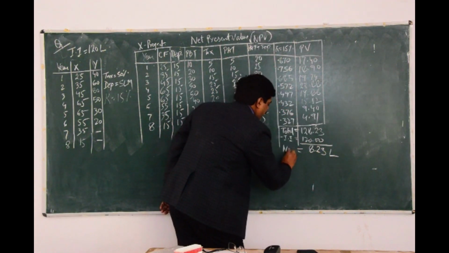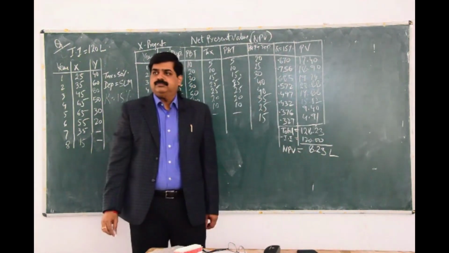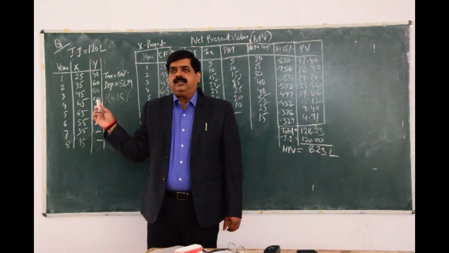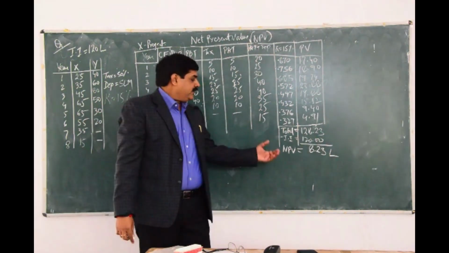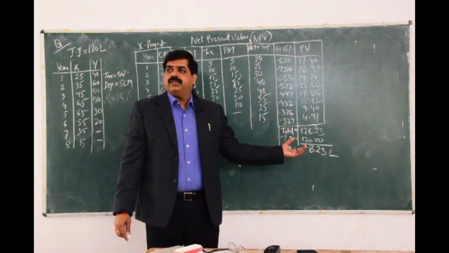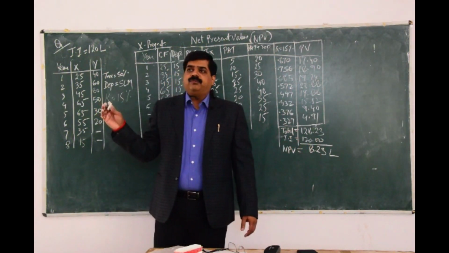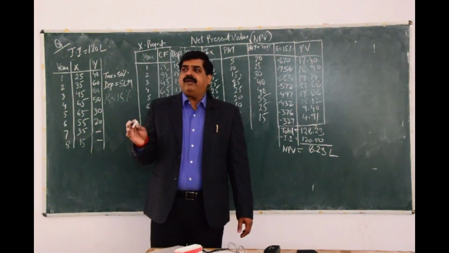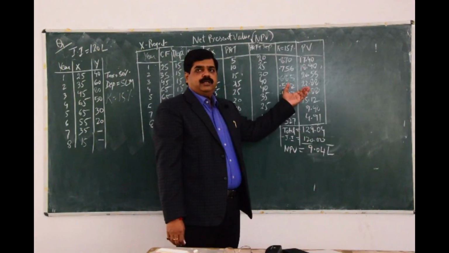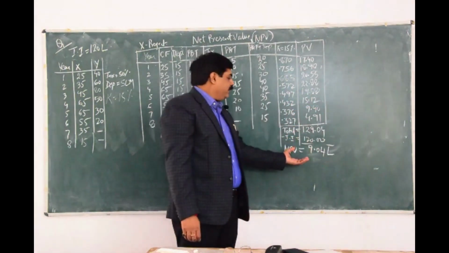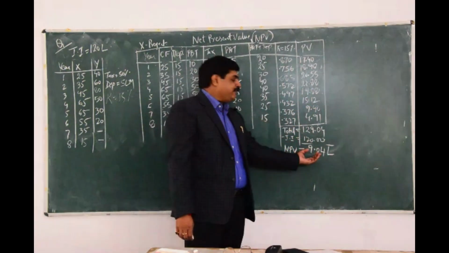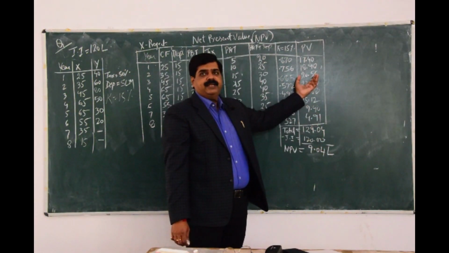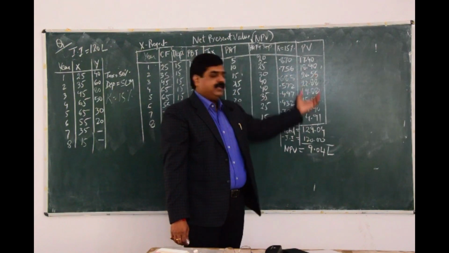That is your net present value. So for the X project we have NPV as 8.23. Actually, in the X project we are able to have the NPV as 9.05. There was a slight mistake in the third year. It is not 19, it is 20.55.